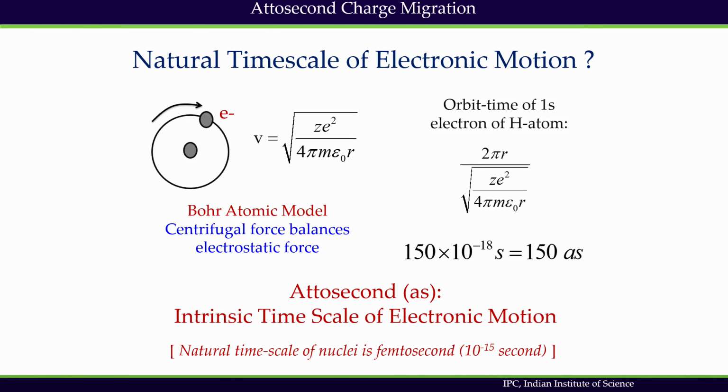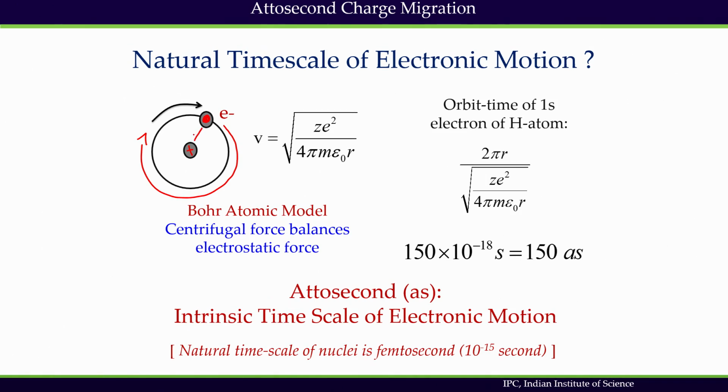Bohr atomic model is the simplest electronic structure theory, which suggests that I have a positively charged nucleus and an electron, which is considered to be a particle. It is orbiting around this positively charged nucleus, and when it is orbiting, we know that there is an electrostatic force because the negatively charged electron will be attracted by the positively charged nucleus.